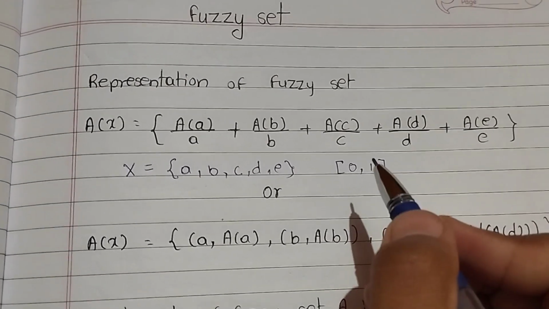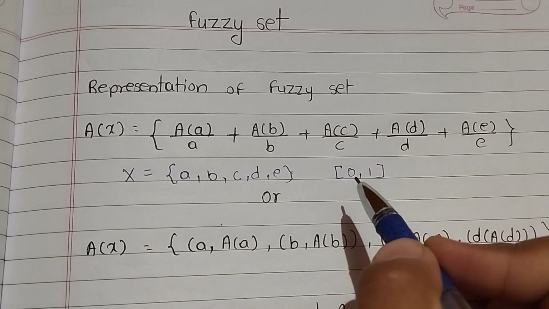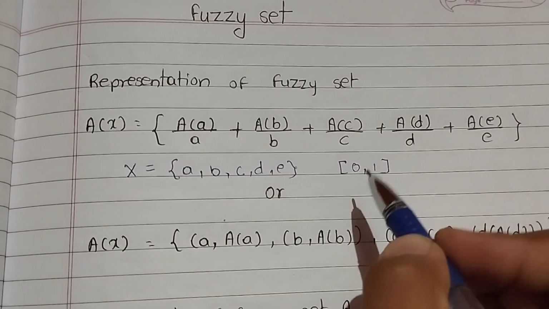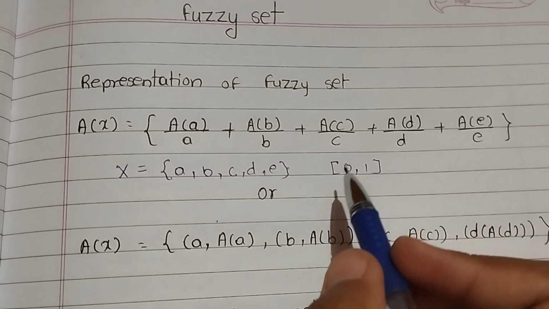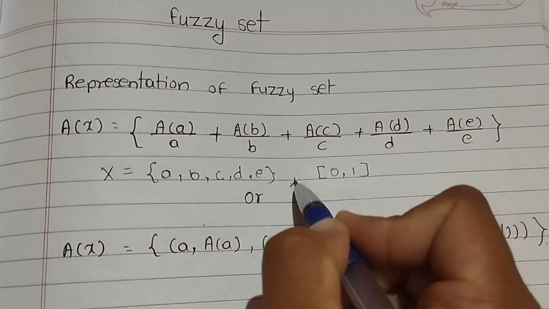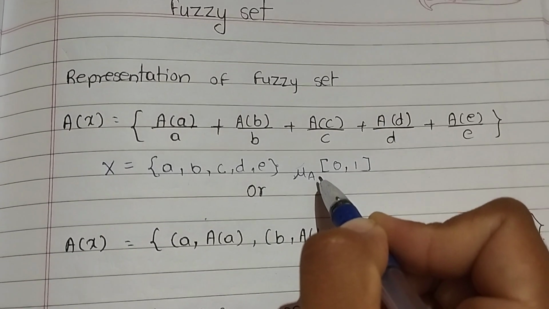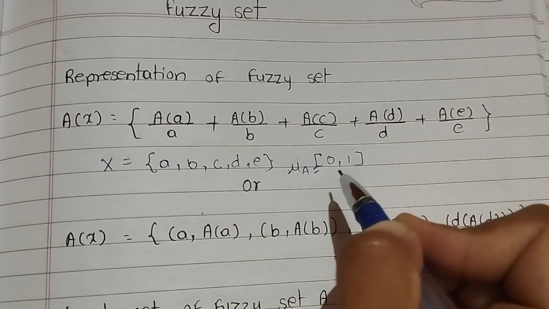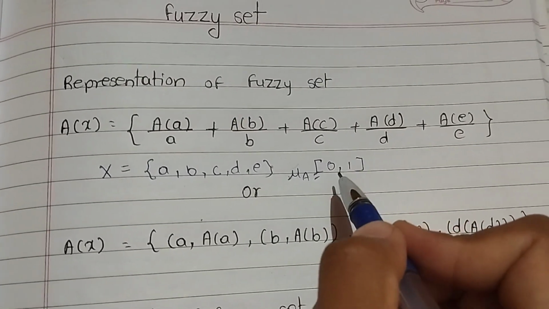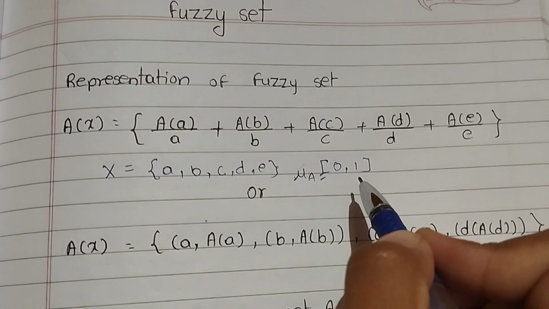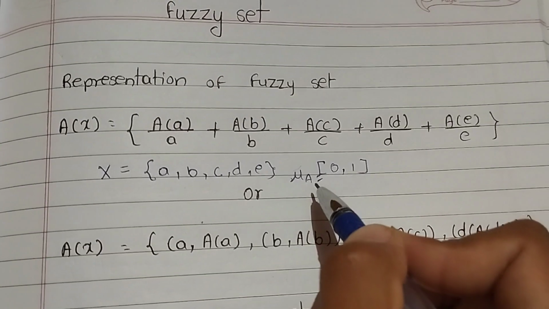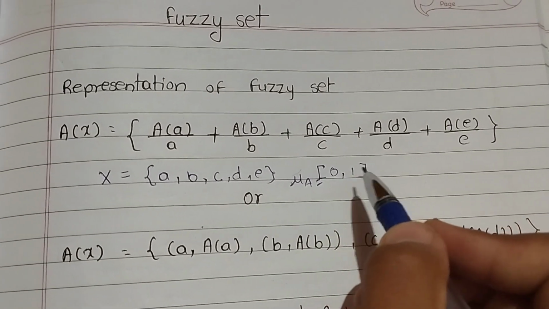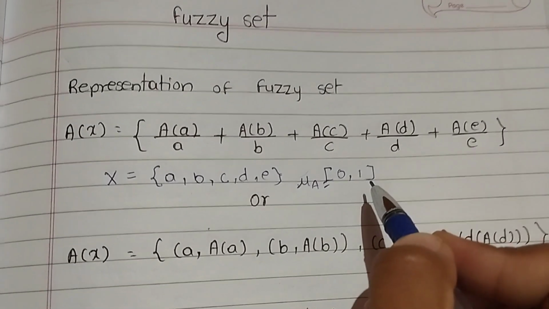So if we define the membership function, then let x be the universal set and the mu of A is belonging 0 to 1, such that mu of A are always the elements between 0 to 1.